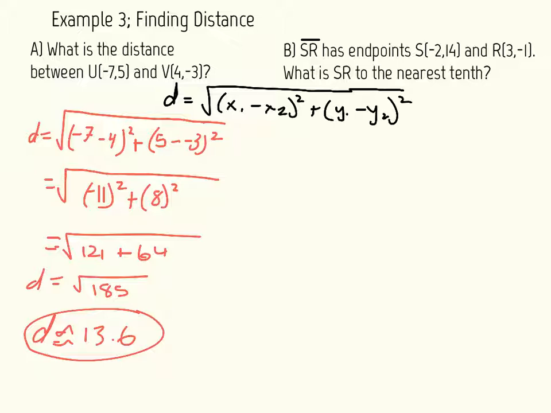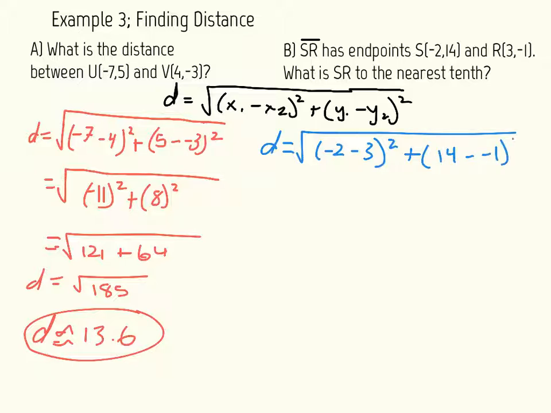And for the last example, we have segment SR has endpoints S, negative 2, 14, and R, 3, negative 1. What is SR to the nearest tenth? Okay, so we have d equals the square root of my x terms, negative 2 minus 3 squared, plus my y terms, 14 minus negative 1 squared.